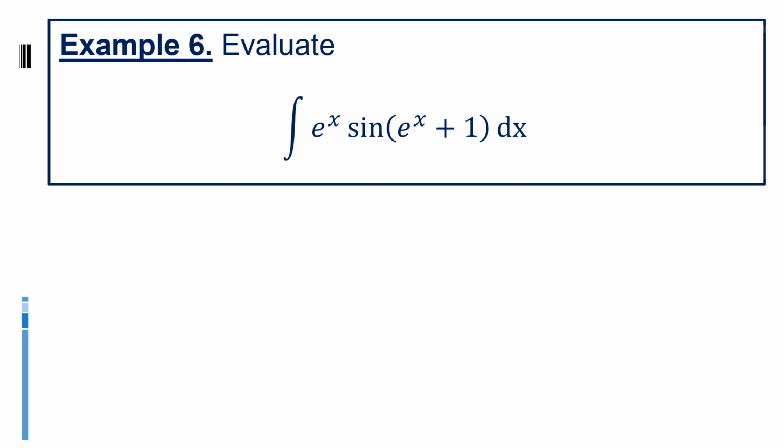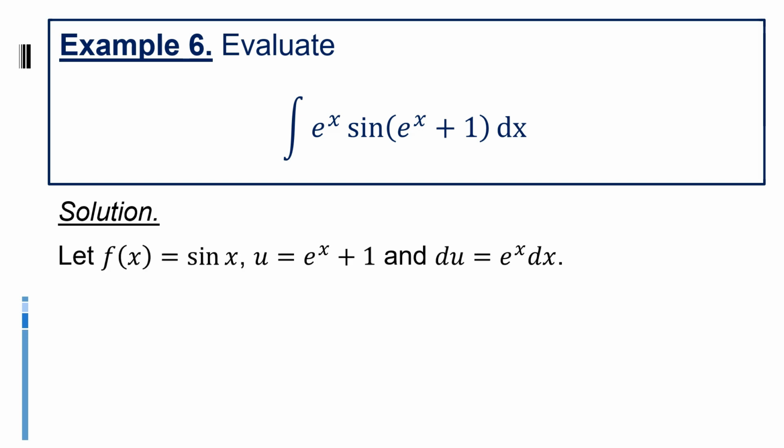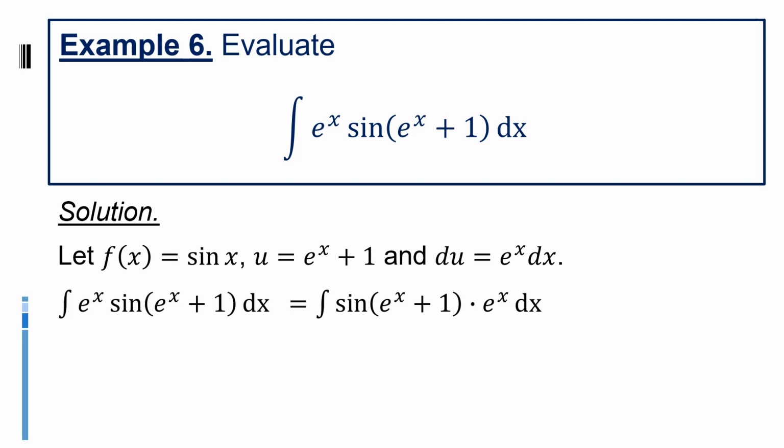Now let's evaluate the integral of e raised to x sine of e raised to x plus 1 dx. Our f of x here is sine x, and we let u be equal to e raised to x plus 1, and the derivative of u now is e raised to x dx.